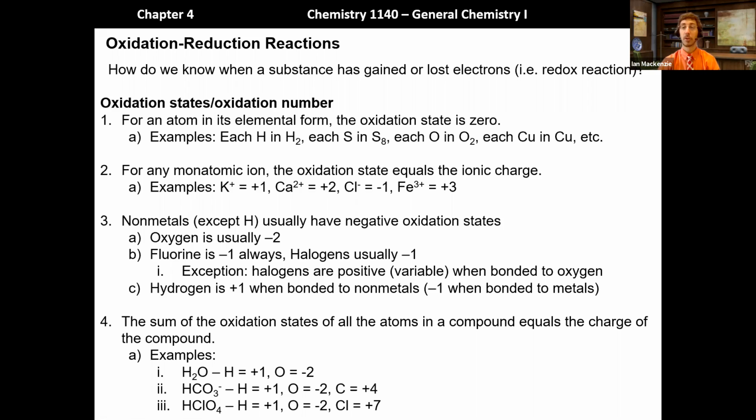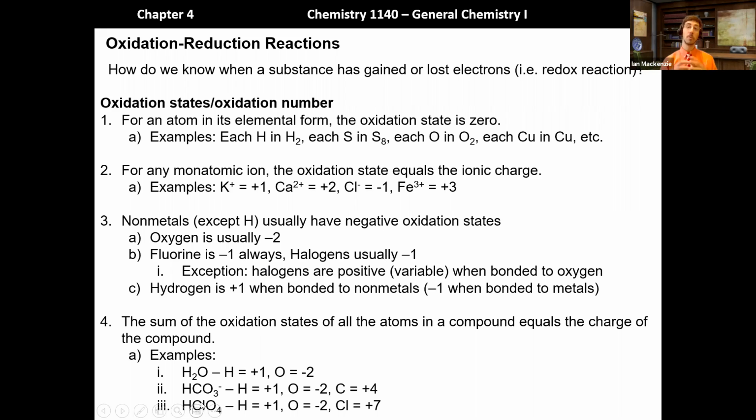In this case, perchloric acid, it's a neutral compound. I know that hydrogen is going to be +1. Oxygen is going to be -2. Chlorine, though, is one of my exceptions. The halogens can be positive and variable when they're bonded to oxygen. In this case it is, so it's going to be positive, but I don't know the amount.